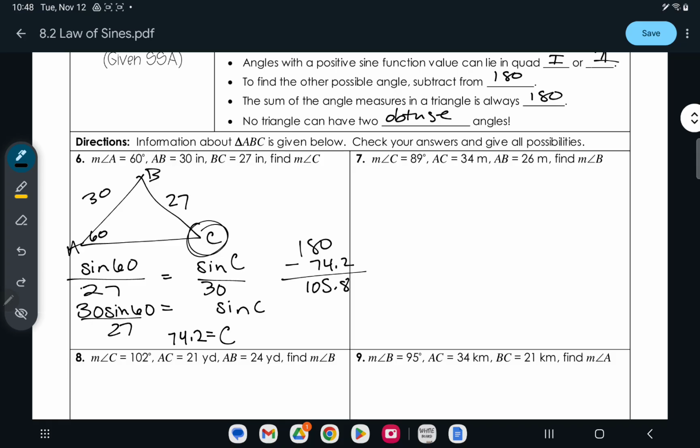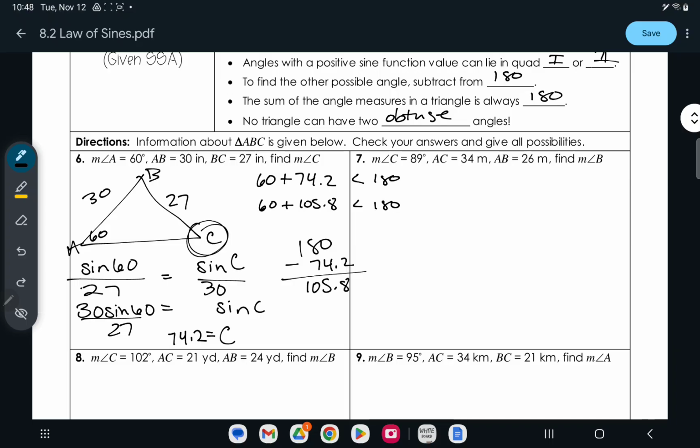So you cannot have two obtuse angles. So what I can do is check to make sure that 60 plus both of these angles, 74.2 and 105.8, are under 180.